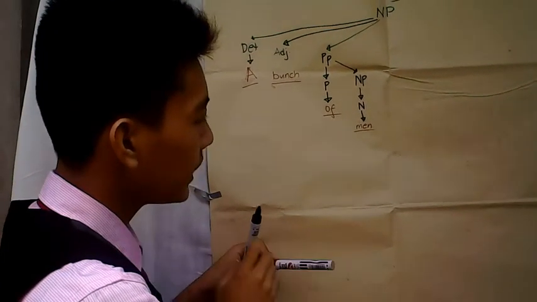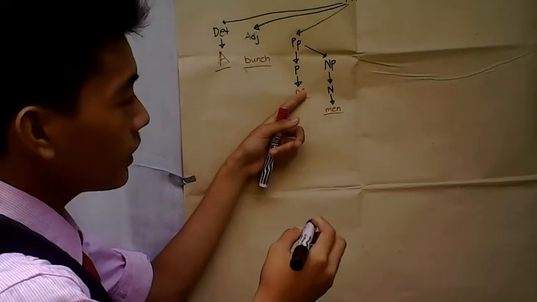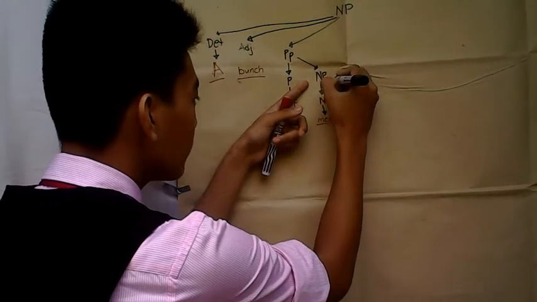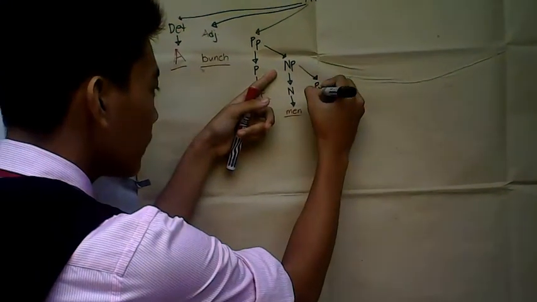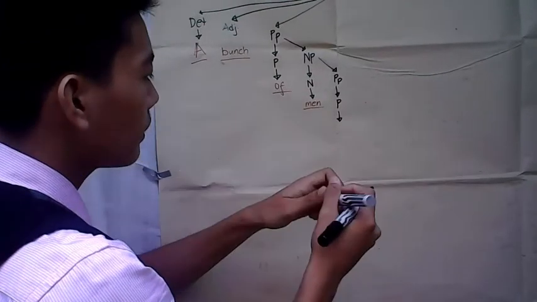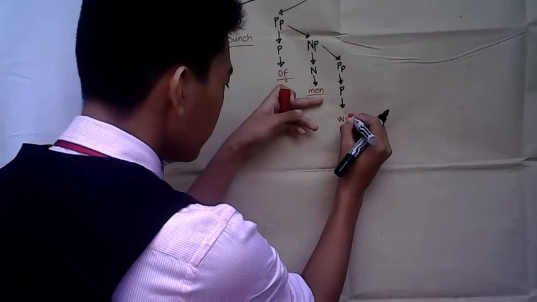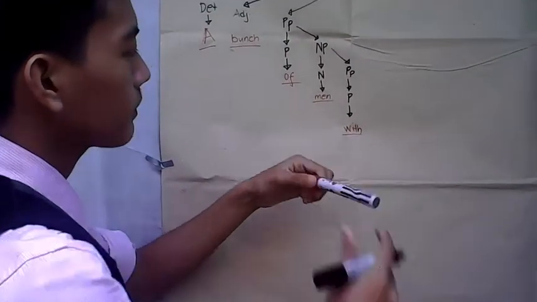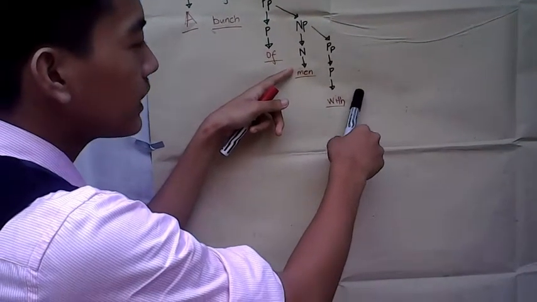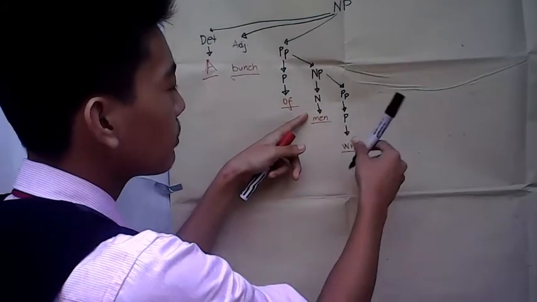The next word is with. With is a preposition, so we need to create a new prepositional phrase, then connect it to the noun phrase. The next word is tree. Tree is an adjective, so we will create a new phrase, a noun phrase, then connect it to the prepositional phrase.